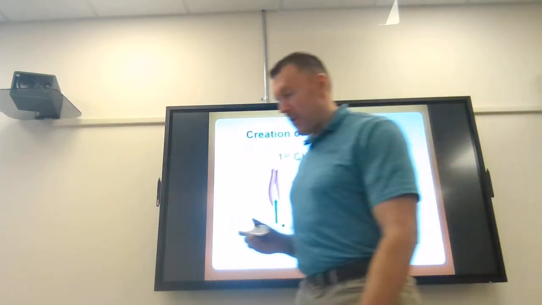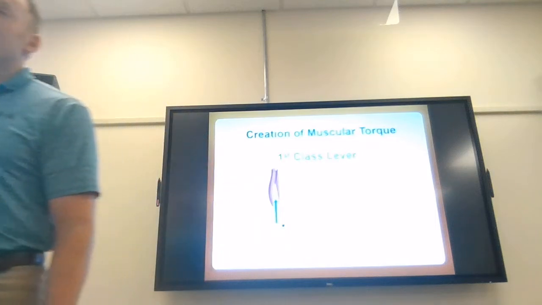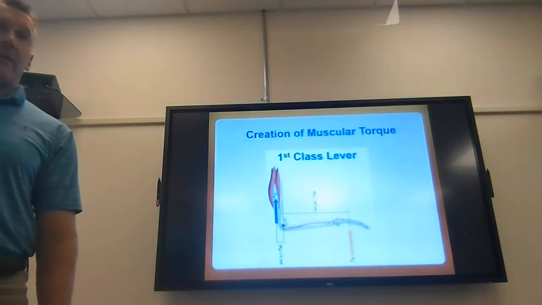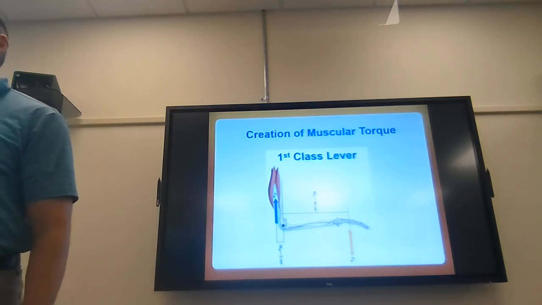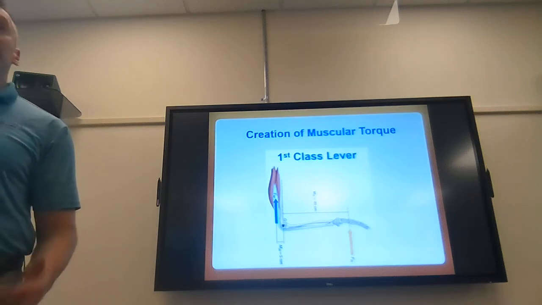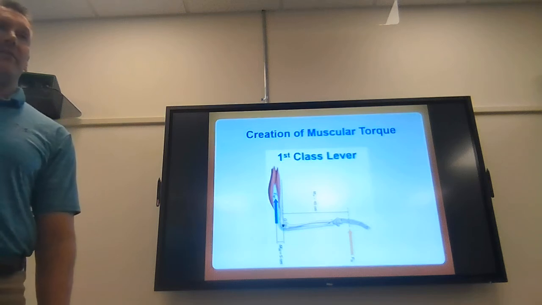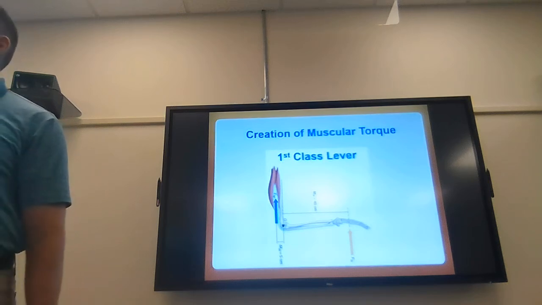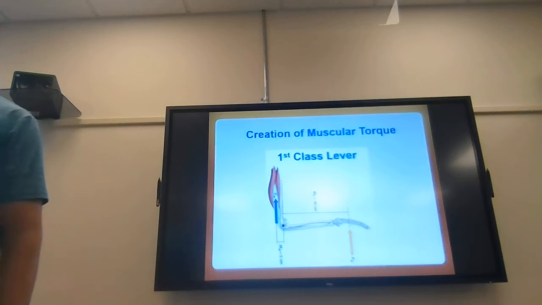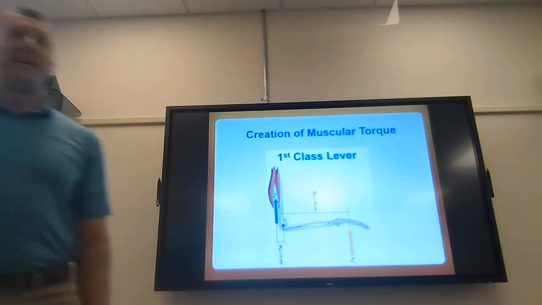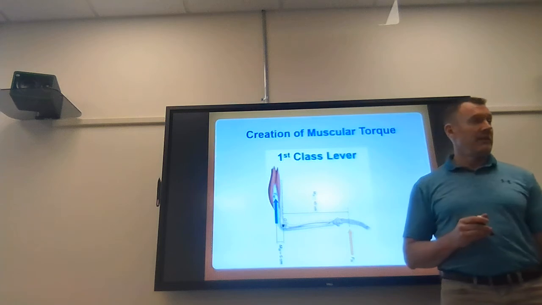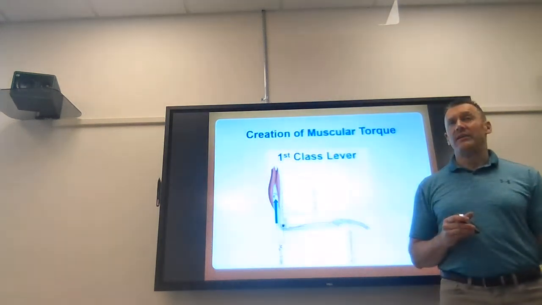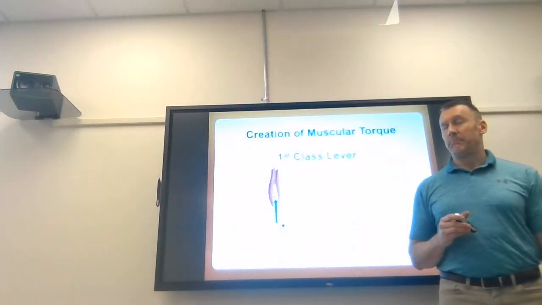So getting back to what we talked about with muscle actions, if the muscular torque is greater than the resistive torque, then it's concentric. So that means we'll be lifting the weight. If the resistive torque is greater than muscular torque, that means the resistance is coming down, and that's eccentric. And then if it's static, where the joint angle is constant, so the torques are equal, then it'd be isometric.